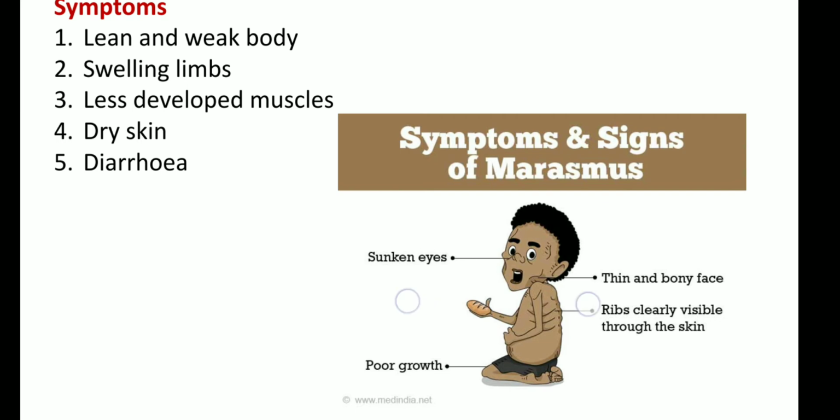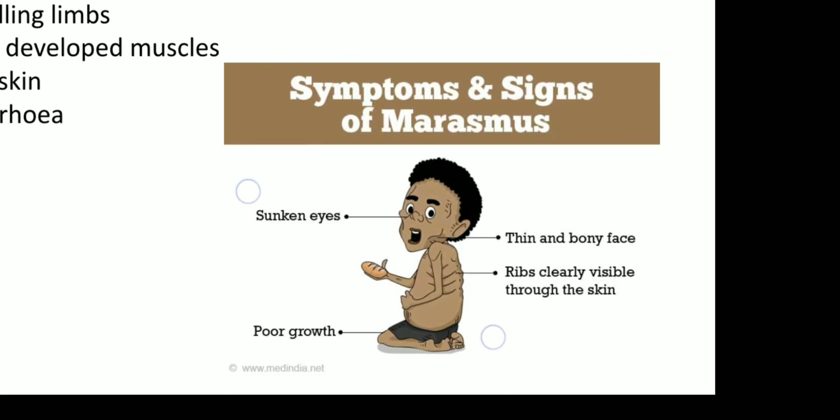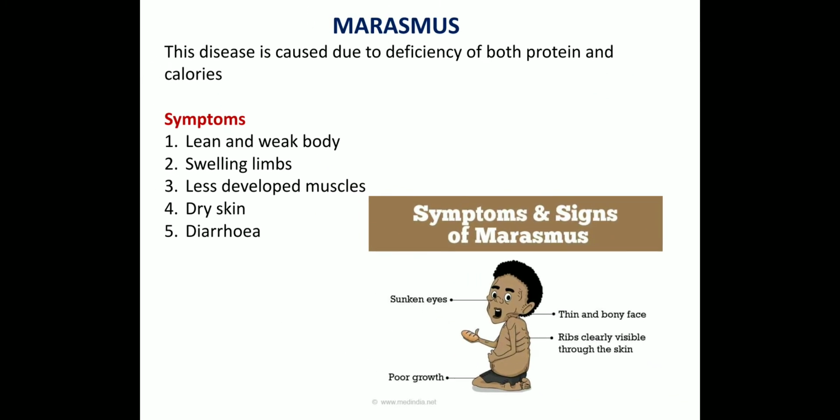See in the picture, you can see poor growth, and ribs clearly visible through the skin. So these are the symptoms of marasmus, a disease caused due to deficiency of both proteins and calories.